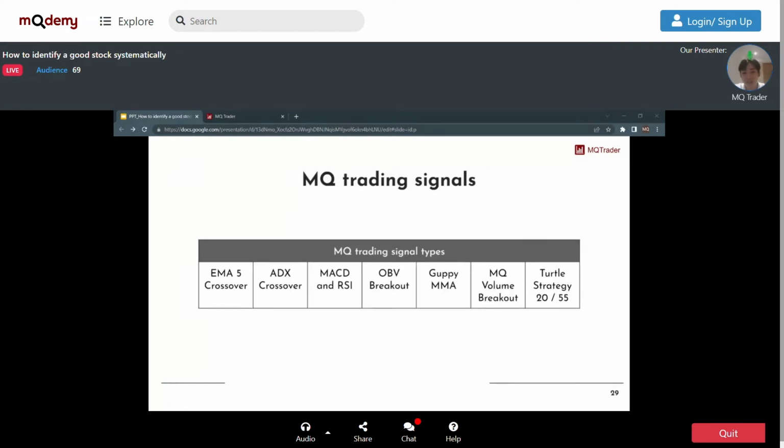In our quantitative method, we will analyze the signals that are generated by trading strategies. We have a few different types of trading signals, but usually we will use these three circled in red: the EMA 5 crossover, the MQ volume breakout, and the turtle strategies.